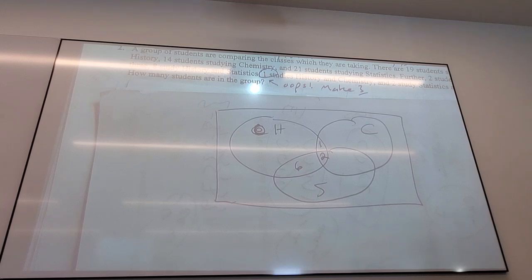So for the amount of people that are in the class, you're just trying to get that total, adding on to what's already in that circle. So when you get to the point where, like for me, I've already got 9 people in the history circle, right? So there's supposed to be 19 in history, so then I would put 10 here, because now I got 19 total.